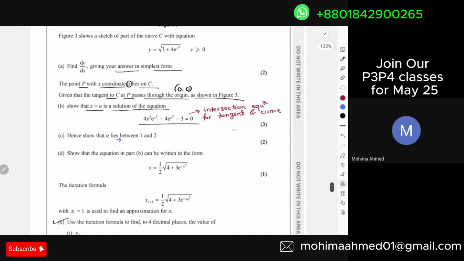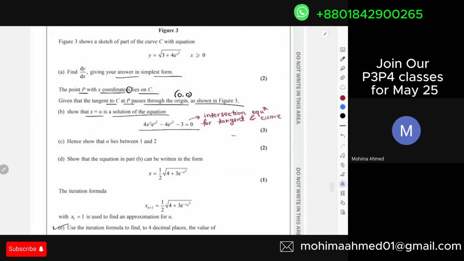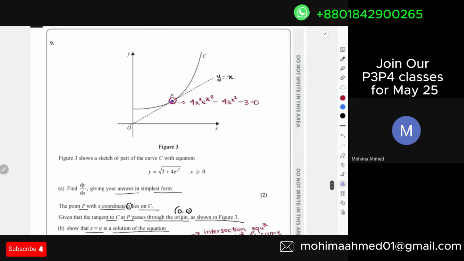Now they're saying hence show that alpha lies between 1 and 2. That means you just have to insert x equals 1 and x equals 2, and find out what happens within this range. At x equals a, this was the point P, and at point P this was a tangent, the intersecting point for the tangent and also a kind of turning point for this graph.